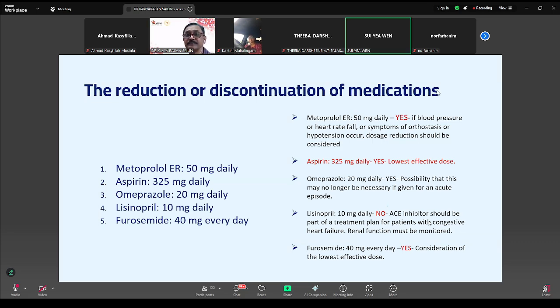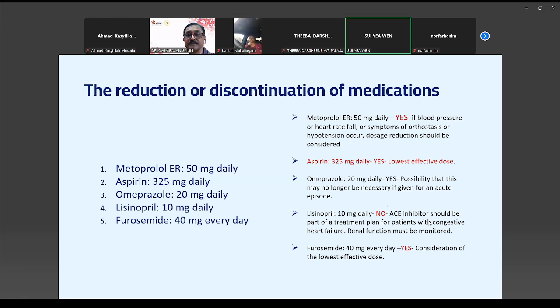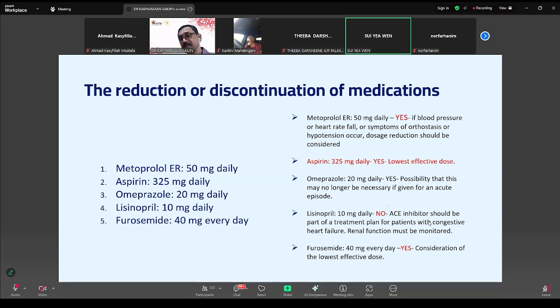I think I will reduce the dose of the metoprolol ER to maybe 25 first. Actually, because the patient has heart failure, beta blocker is good for the heart. So I would reduce to the lowest dose, and the furosemide maybe I will change to as needed, PRN 20, no need to take it every day, to reduce the risk of AKI and worsening the kidney.